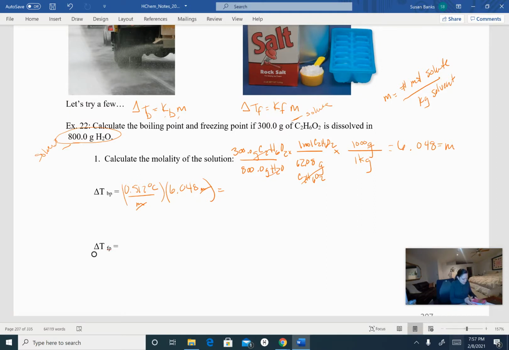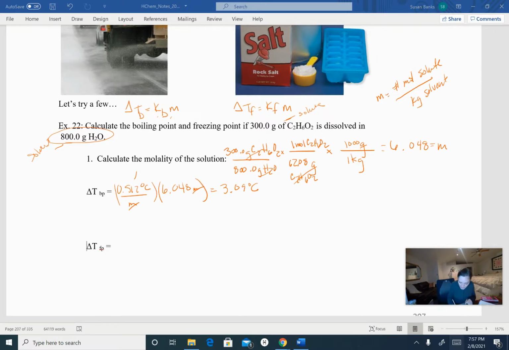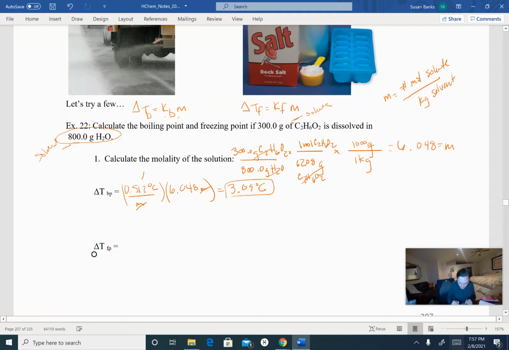So I'm going to do the multiplication here with 3 sig figs, right? I've only got 3 sig figs there. This will give me a change in temperature of 3.09 degrees Celsius. So I know my boiling point is going to be added to the normal boiling point of water. This is my change.